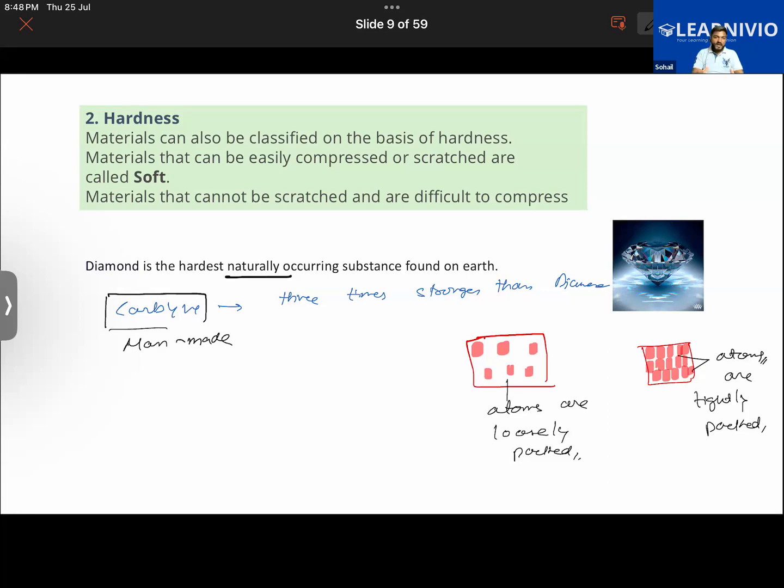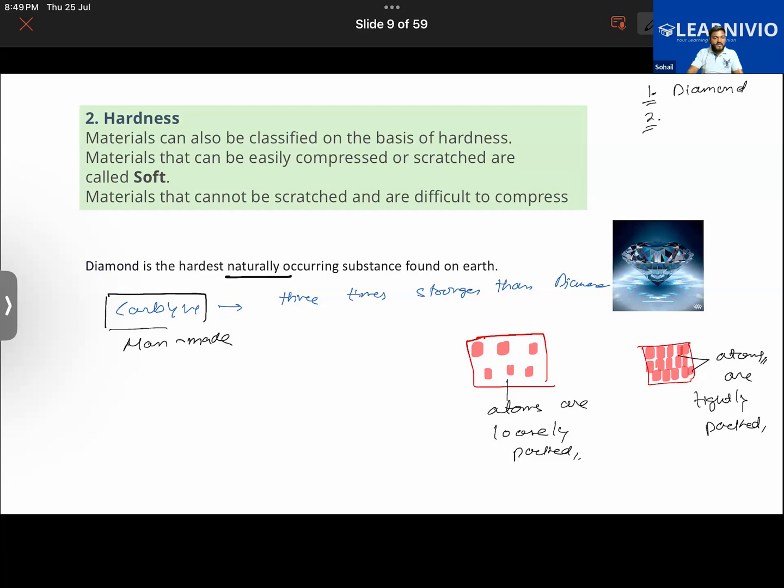If someone were to ask you which is the second hardest natural substance after diamond, in the first position you have diamond as the hardest natural substance.